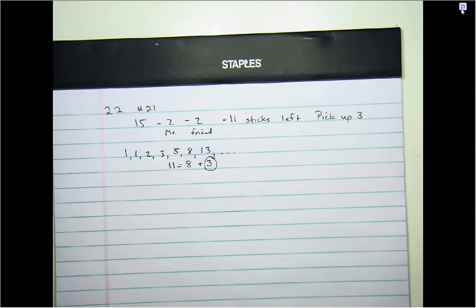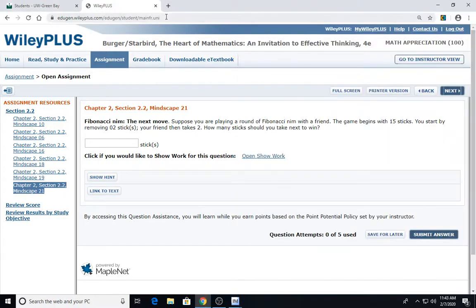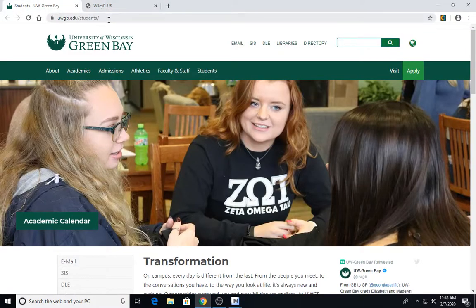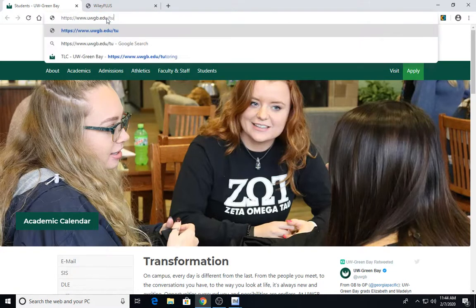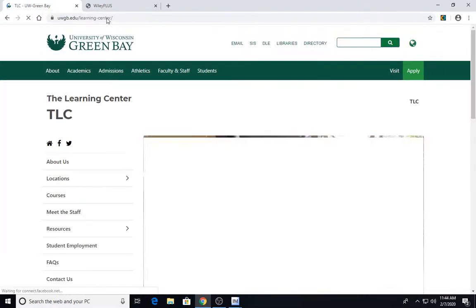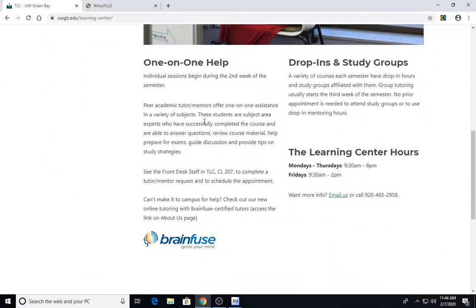I wanted to take your attention to the school's website for free tutoring. So go to the school's website, and then after the uwgb.edu, put /tutoring. And here's where you can find how to go about getting free tutoring.